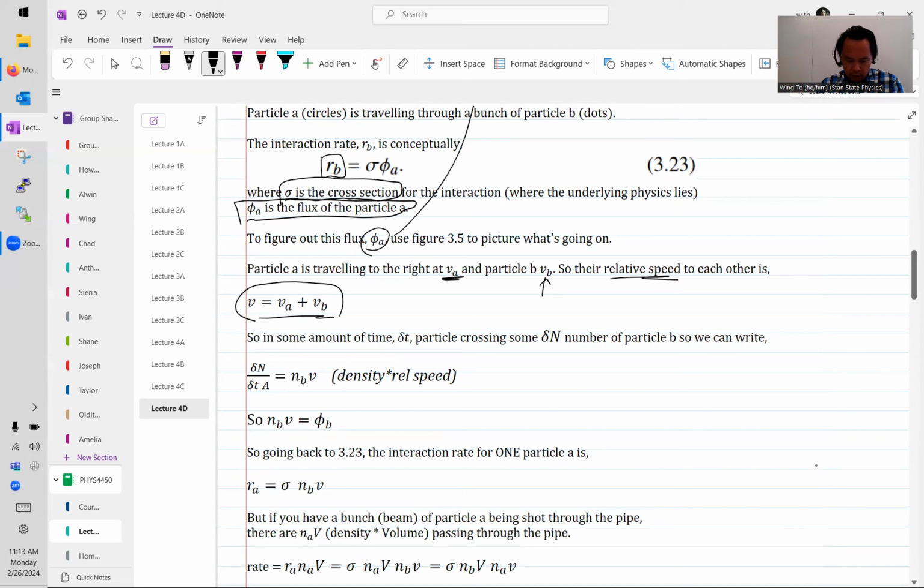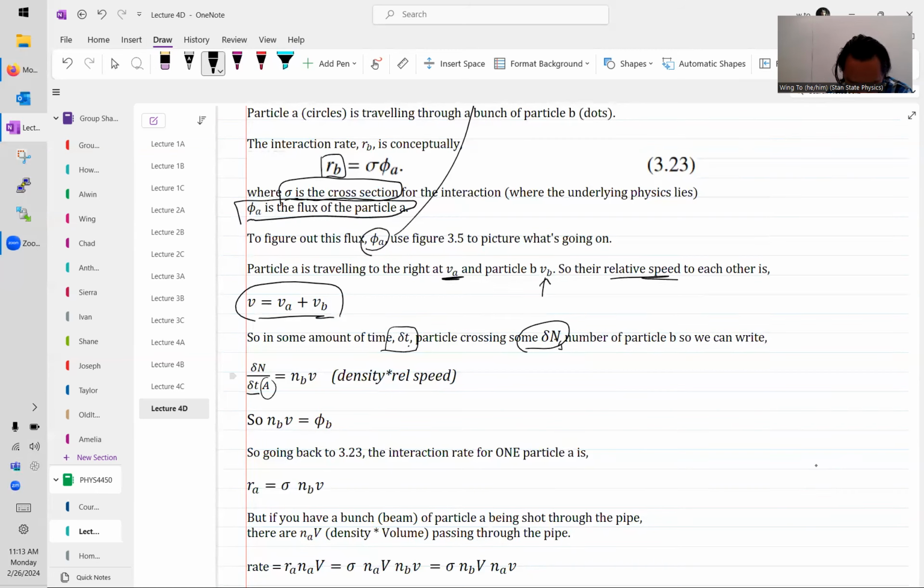Next thing we need to know is, for the flux, what does the flux actually mean? If you think about flux, you just think about some amount of time, I'm just going to call this lowercase delta t, crossing some amount of particles, delta n. These are all particle B's. We can write this ratio of delta n over delta t, per area. I'm going to divide out that area.